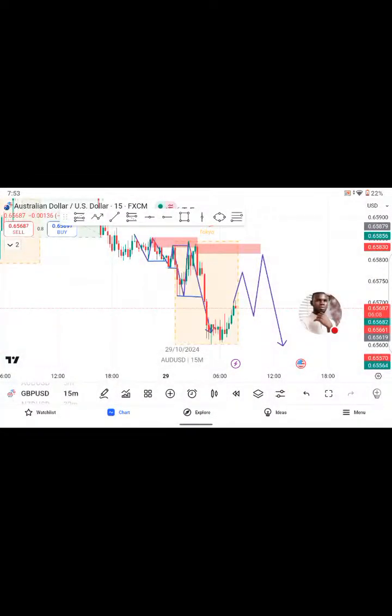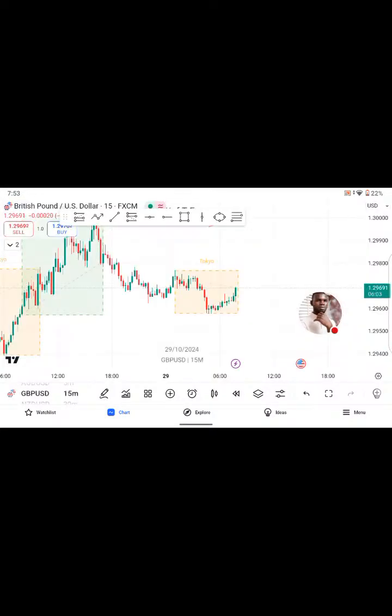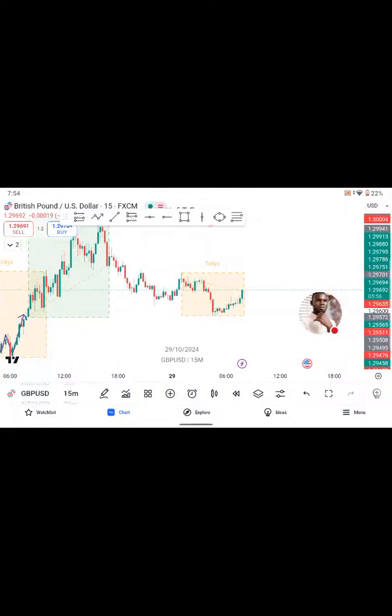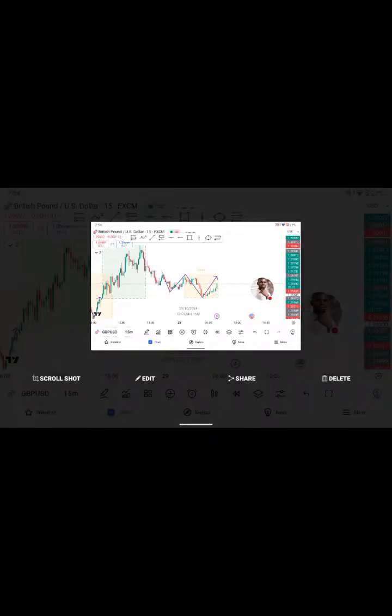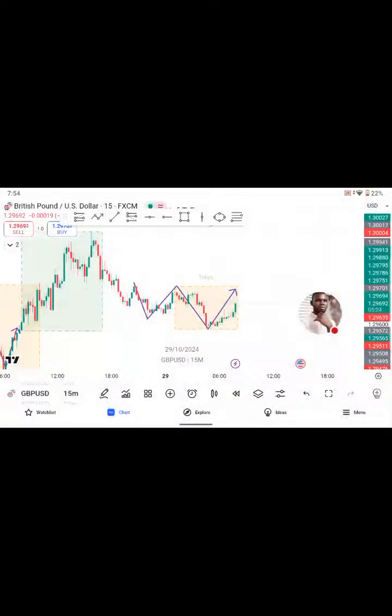Let's check the USD. For GBP, there is no setup on GBP. So let me check USD.